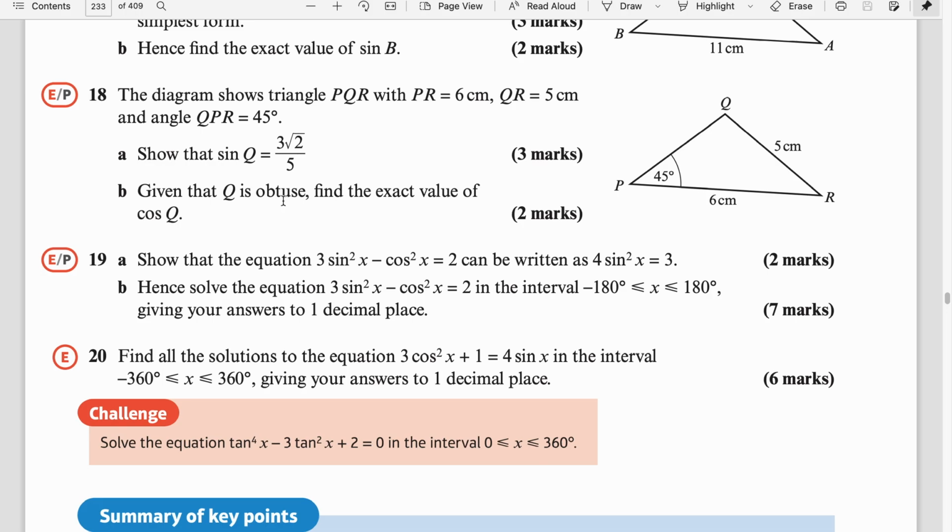Okay, first it says show that the equation can be written as this. So let me copy this equation and then we'll simplify.